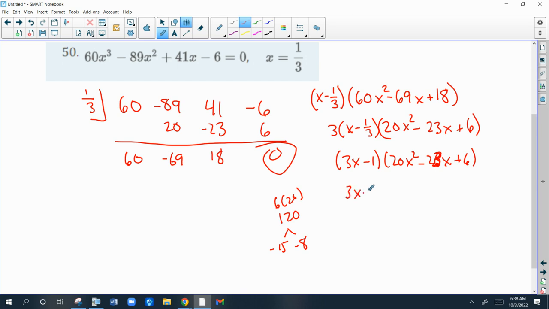So I'm going to factor that. So 20x squared minus 15x. And there's different ways of factoring, as you know. I'm going to do it this way. I'm going to factor out a 5x.